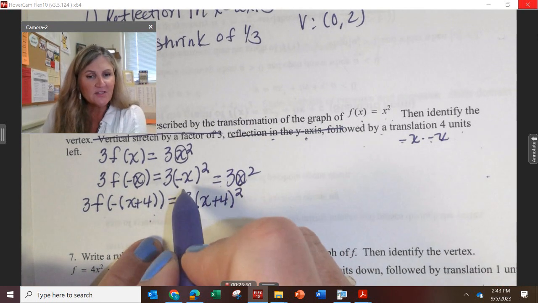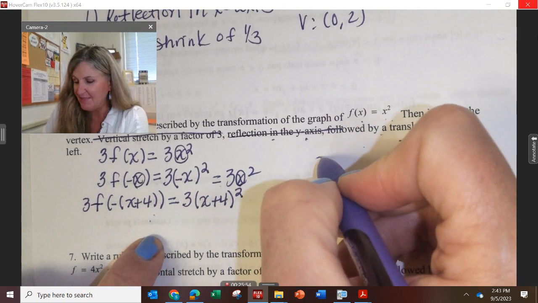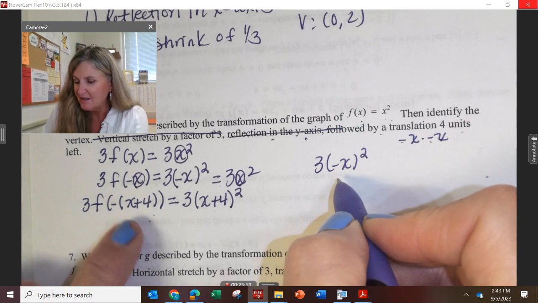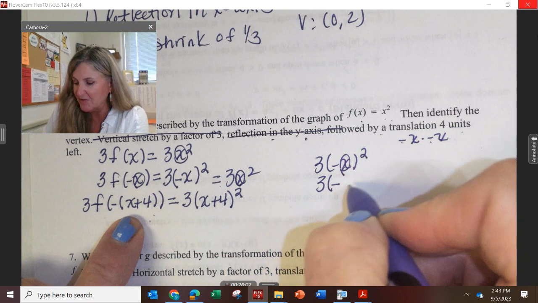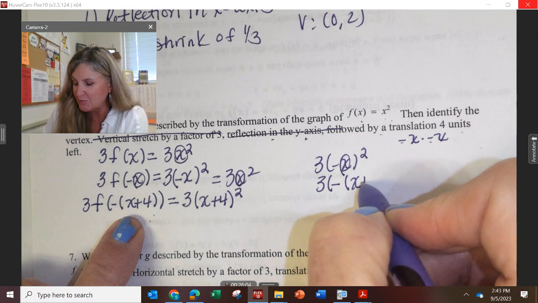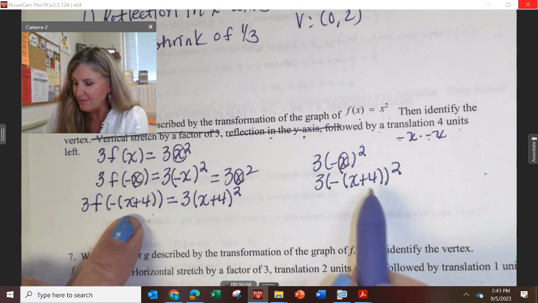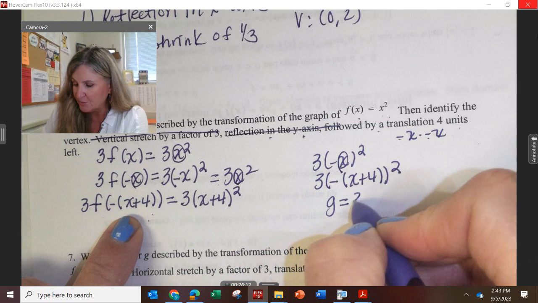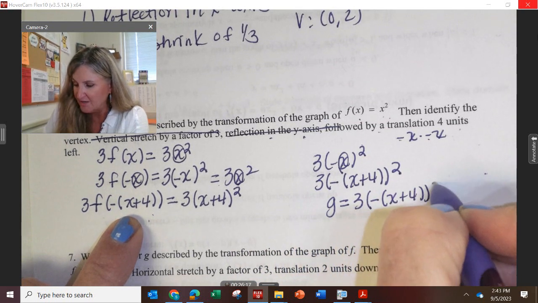Now, here's the difficult thing. Some people don't simplify this, and that's okay. Like some people might have left it like that, and then in that next step, they would have to do negative and replace this x with x plus 4. Okay, so they would say that the answer should be g equals 3 times negative parentheses x plus 4 squared.